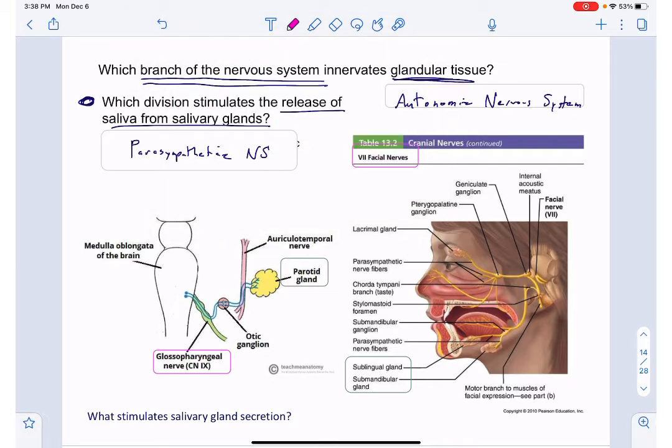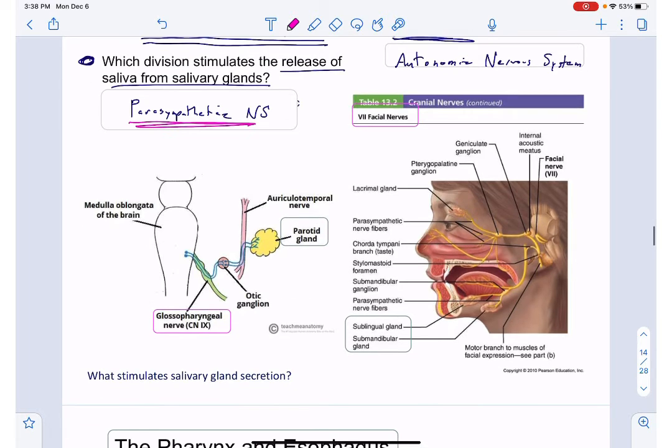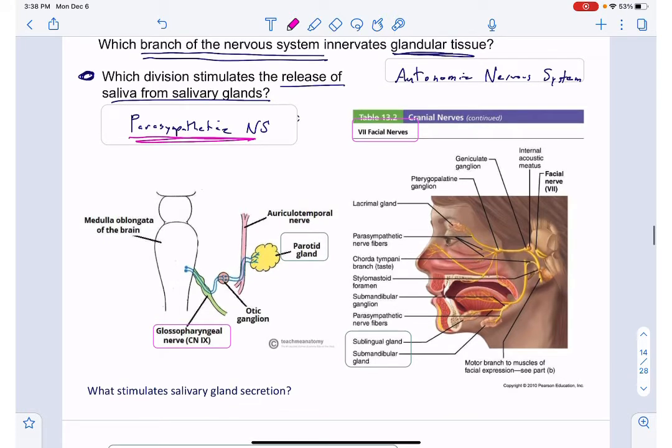And not surprisingly, those parasympathetic motor neurons are going to travel through cranial nerves to get to the specific salivary glands. And there are two different cranial nerves involved. One is cranial nerve 7, the facial nerve.